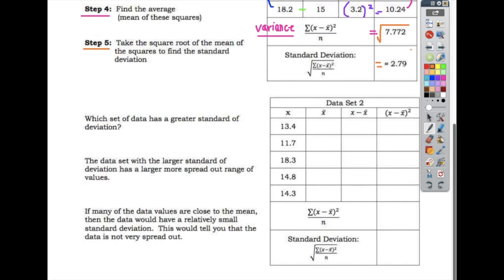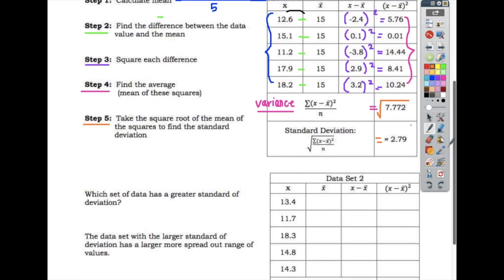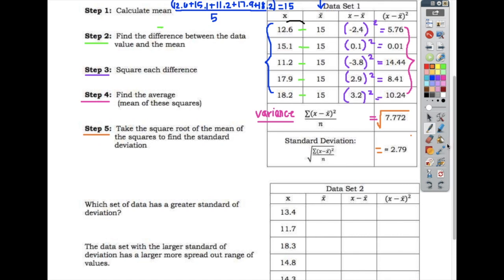All right, so I'm going to scroll down to our second example, and we're going to do the exact same process, except now we have a new data set, and then it asks us a couple questions over here. So I am going to go back up to step 1 and remind us that step 1 is to just calculate the mean.